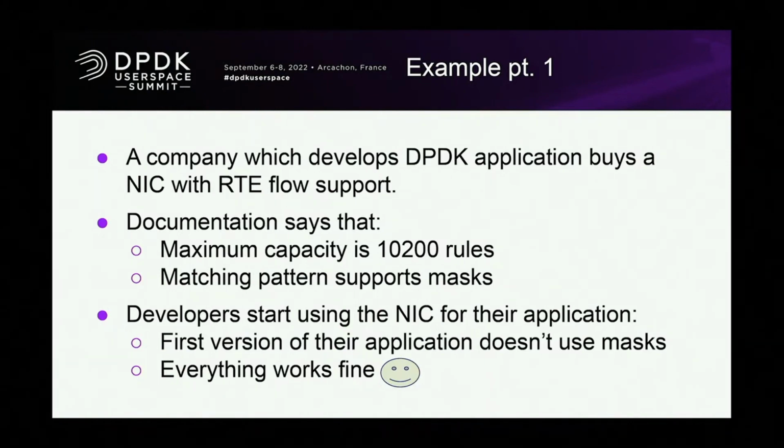So they found a NIC and bought it. The documentation says that it supports up to 10,200 rules, and it supports masks, so they start using it. They deploy it. The first version doesn't use masks, because that's what they planned for the second version, and everything works fine so far.